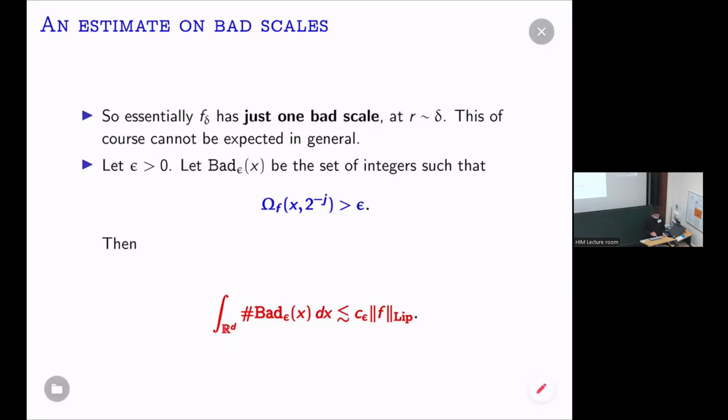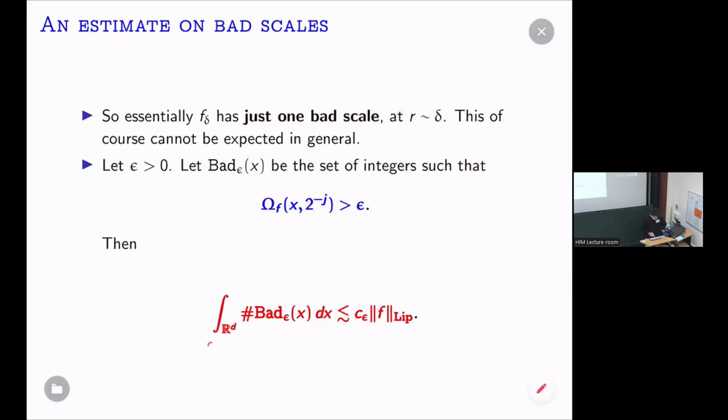If epsilon is some positive number, we define bad epsilon at x to be the set of integers j so that omega f at x and 2 to the minus j is large. So these are all the scales where my omega is large.